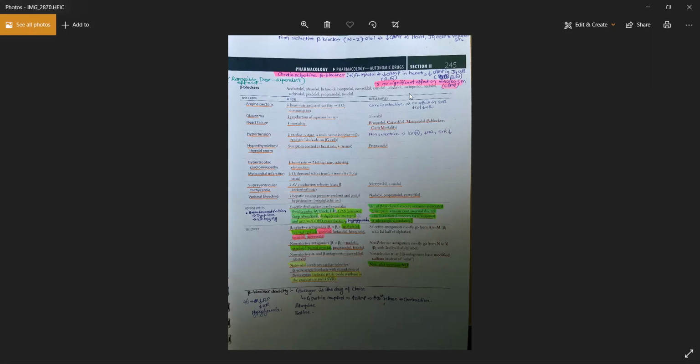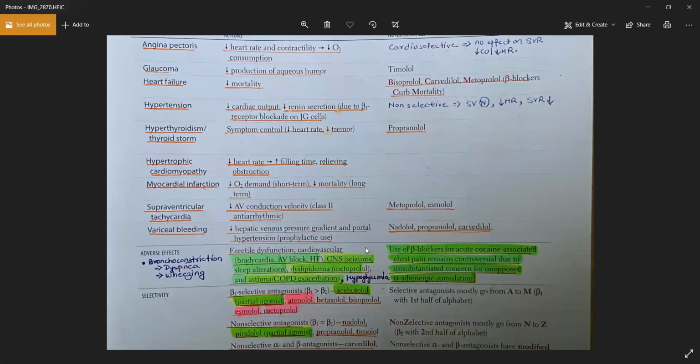Can you come again? You said beta blocker. What symptoms would not be masked? See, in case of hypoglycemia, all the symptoms of hypoglycemia are due to the beta receptors, right? So if you give the patient beta receptor blockers, all the symptoms of hypoglycemia would be masked. But one symptom, which is the sweating, is due to the muscarinic receptors, not due to the beta receptors.